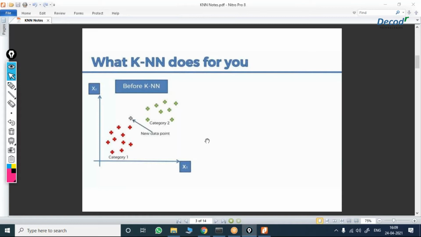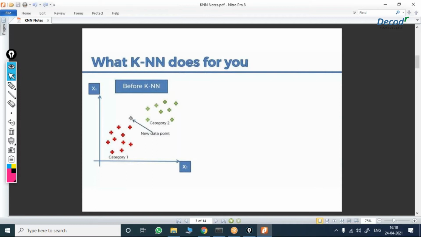Yeah, I got it. Naveen is also saying red. How, guys? Red, because it is near to red. Krishna is saying that it is very near to red, so it belongs to the red category.